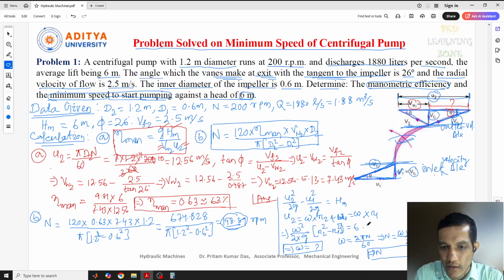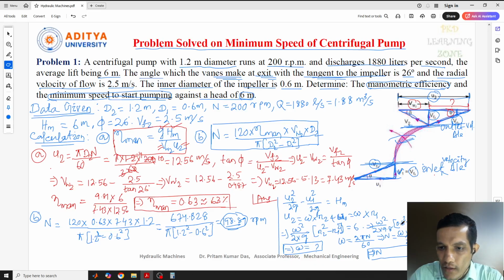Here, omega square by 2 into 9.81, and D1, D2 are given, from that we can write R1, R2. So R2 is 0.6, I think, yeah, 0.6 square minus 0.3 square equal to 6.